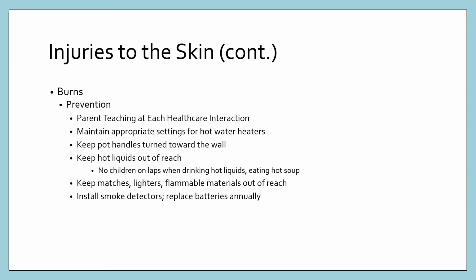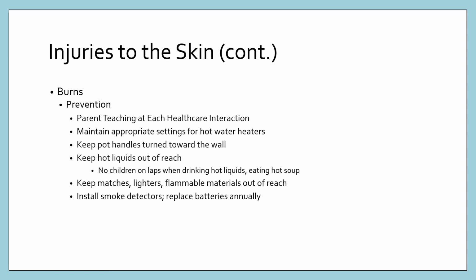Prevention, again, is really important as far as teaching parents how they can lower the risk of the child getting burned. So you want to teach them, for example, to turn the handles of pots towards the center instead of outwards on the stove. Teach them to not drink hot liquids in reach of a child.